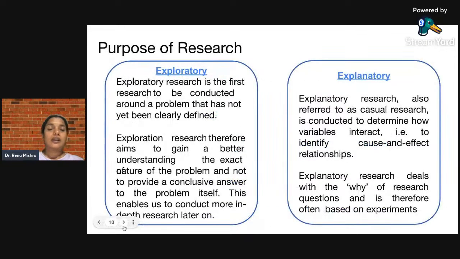All right. Now, what is the purpose of the research? Whatever research you are doing, firstly it is exploratory. Remember the word exploring: you are exploring that problem, conducting research to further explore it so that you can better understand it.